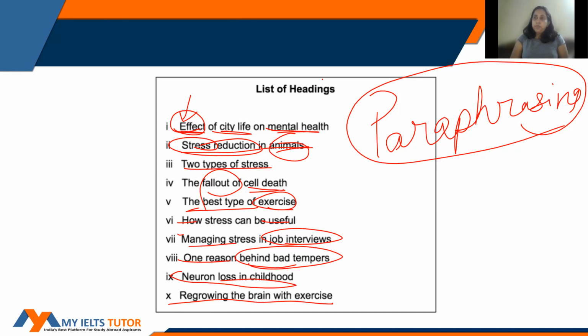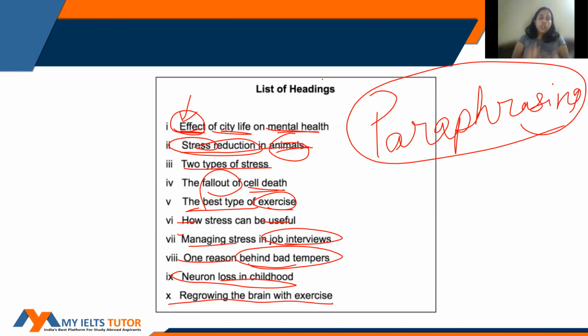For example, I have a word, advancement in agriculture. It would be paraphrased like, with the technology, there has been improvement made in agriculture. So it simply means advancement in agriculture. I am writing the same thing by changing the words.